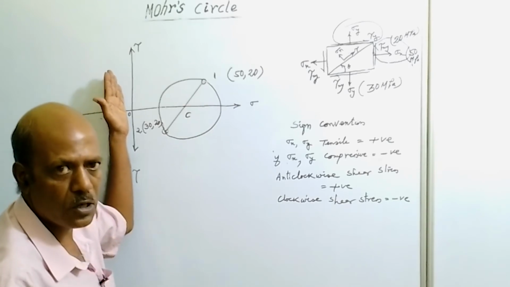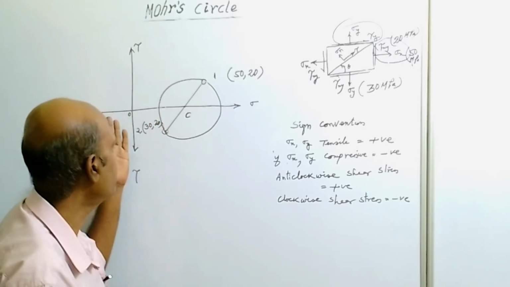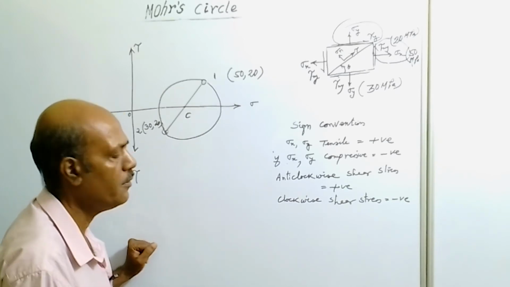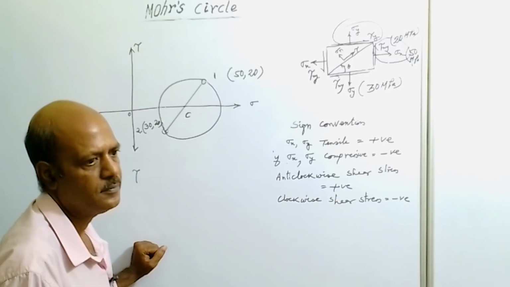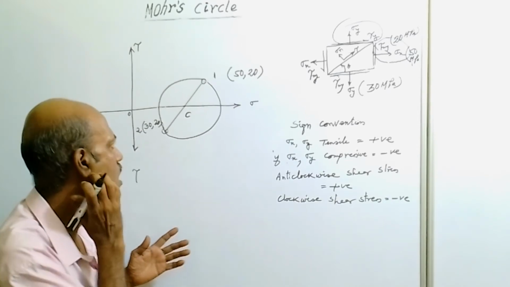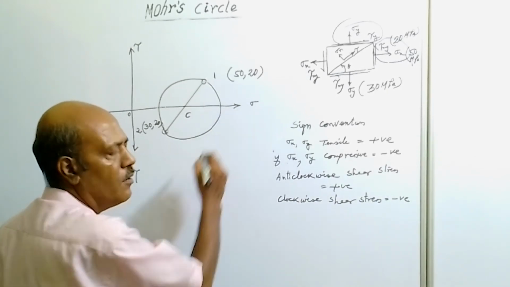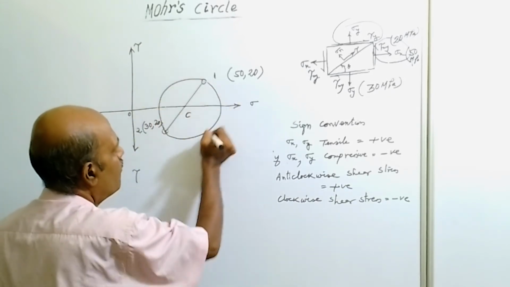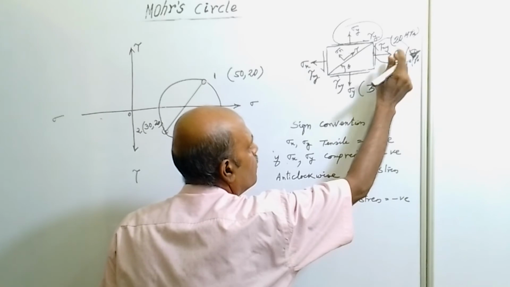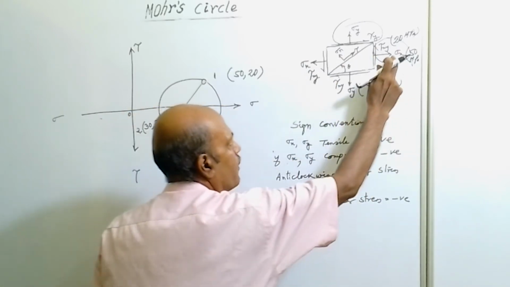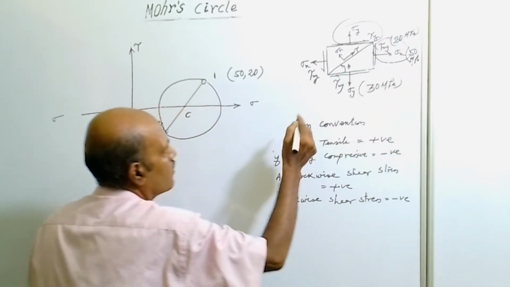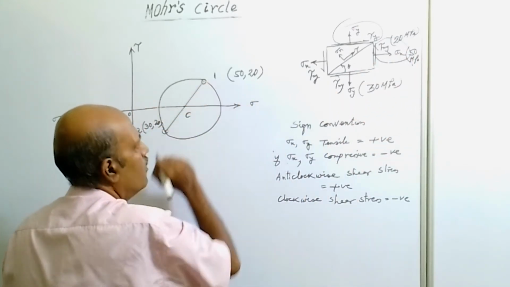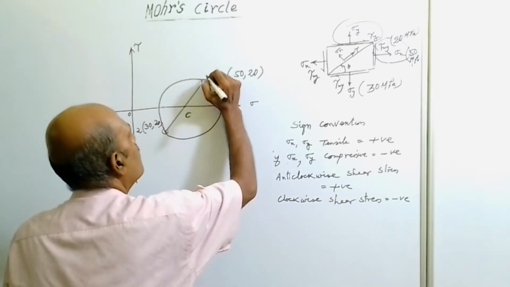So first step, we have drawn the axes. Second step, we have drawn the circle. Third, we will find the x direction. Where is the x direction? We find where the x face point is plotted. The stress system on x face is plus 50, plus 20. So this point is the x face point.